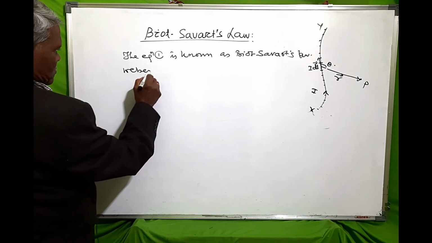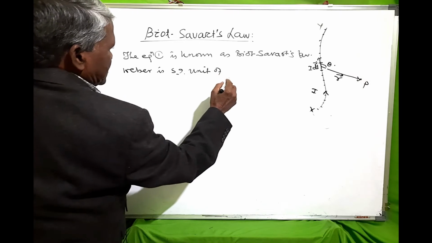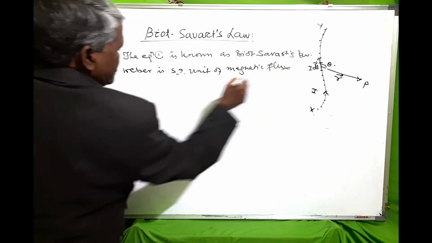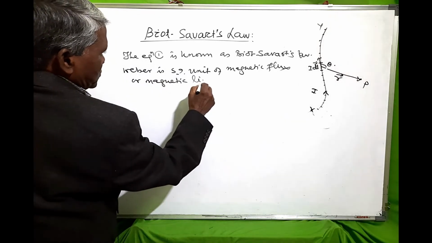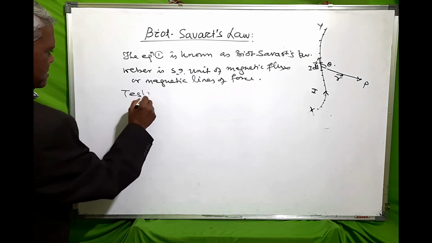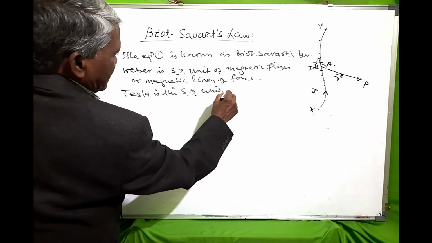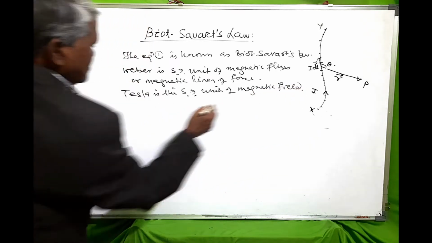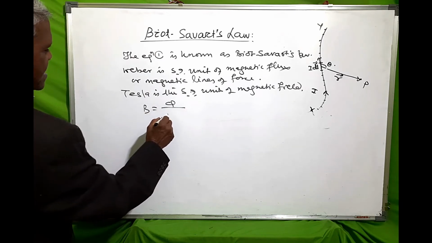Weber is the SI unit of magnetic flux or magnetic lines of force. And Tesla is the SI unit of magnetic field. And magnetic field B is equal to flux per unit normal area.